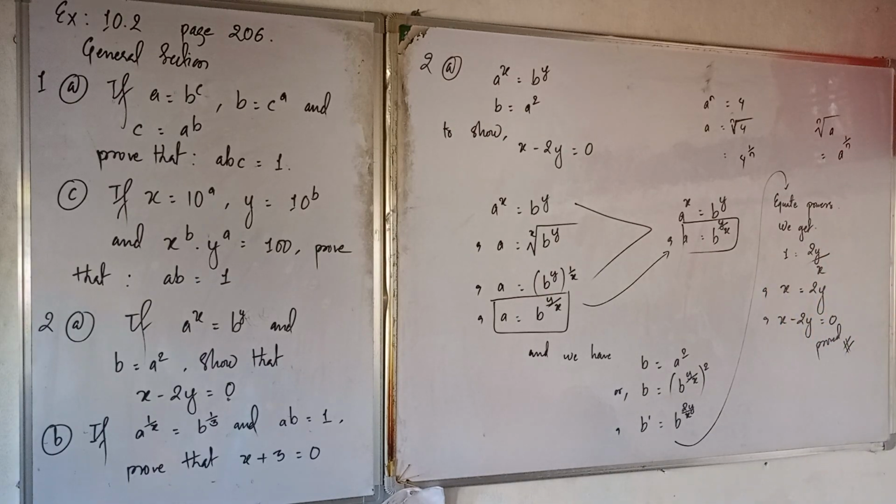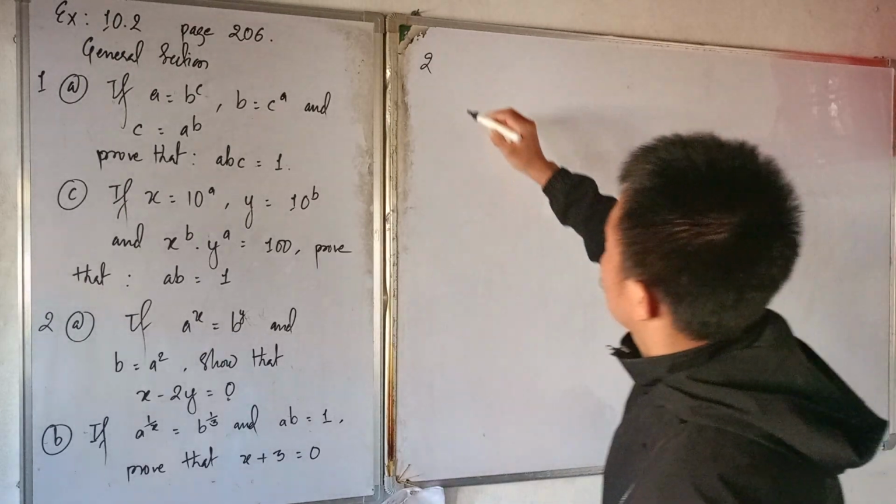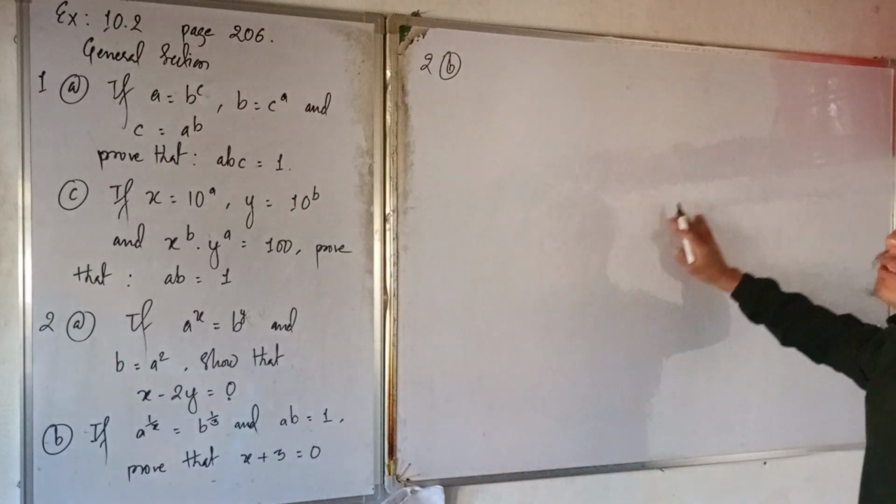After this, let's move on to the next one, number 2b. So I'm going to rub this. Now number 2b. I would like to remind you of what we discussed earlier.